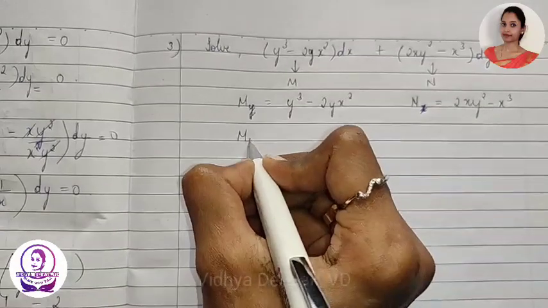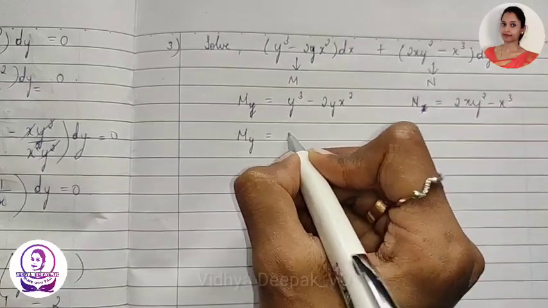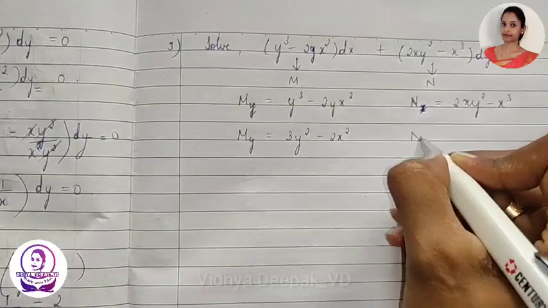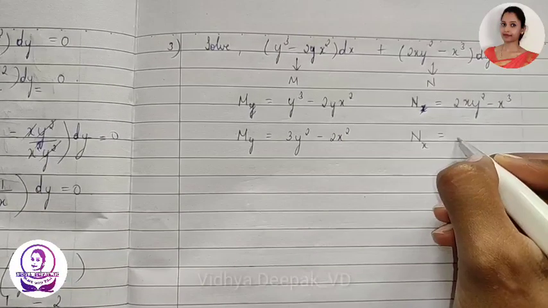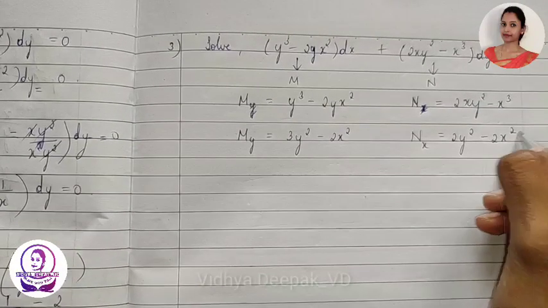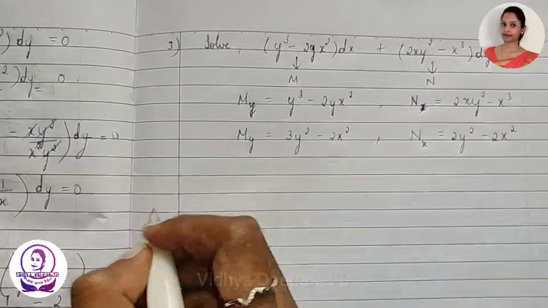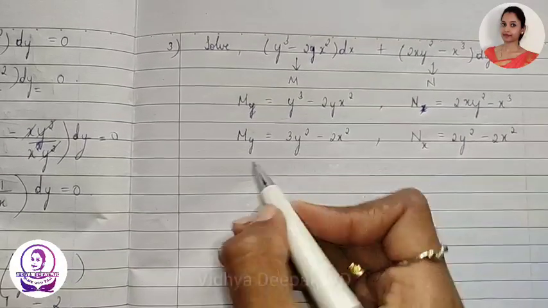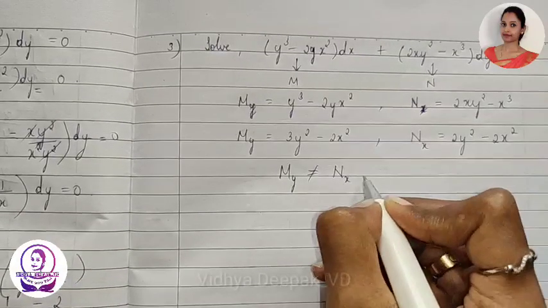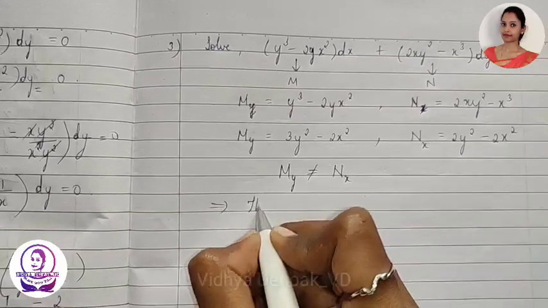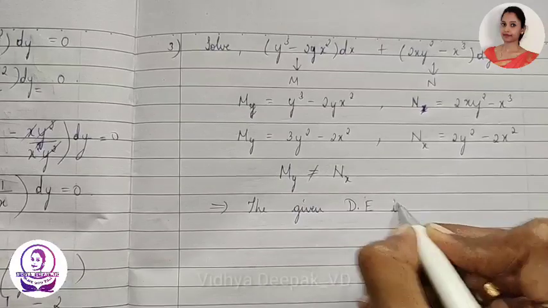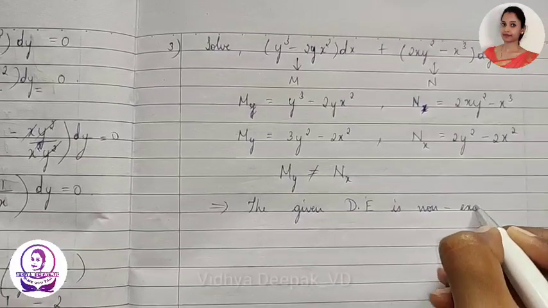So now ∂M/∂y is nothing but 3y² - 2x² into 1. ∂N/∂x is nothing but 2 into 1 into y² - 2x², right? Now, are they equal? No, we know that ∂M/∂y is not equal to ∂N/∂x. That implies the given differential equation is non-exact, right?